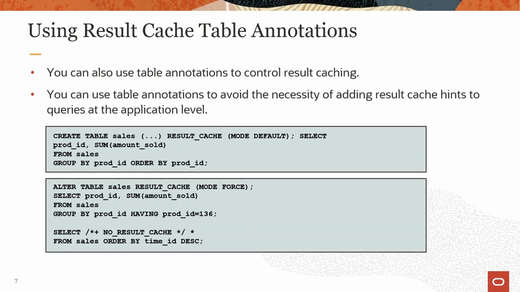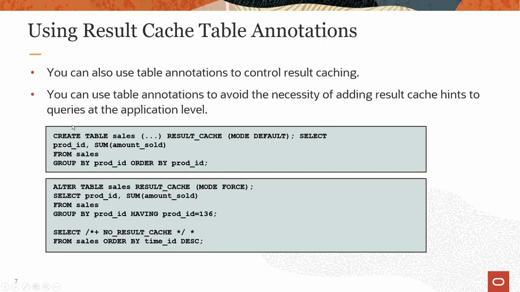And mode default means that result caching is not enabled for queries on this table sales, unless the parameter result cache mode has been set to force.